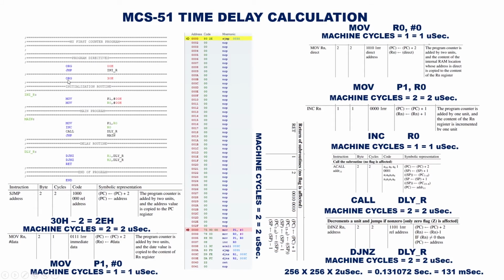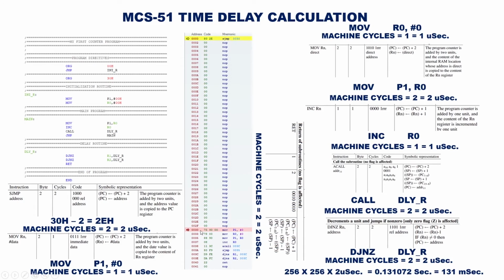So the compiler will start our initialization routine from 30H, and here we can find 80 is the opcode for jump. Here we have written jump initialization routine, and it has written 80 2E, the relative address location before 30H. So whenever we reset or power up our microcontroller, it will go to address location 00 and read the instruction that is SJMP 30H, and the program will jump to address location 30H.